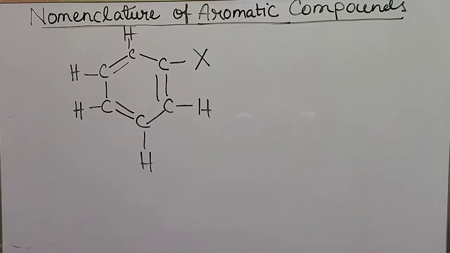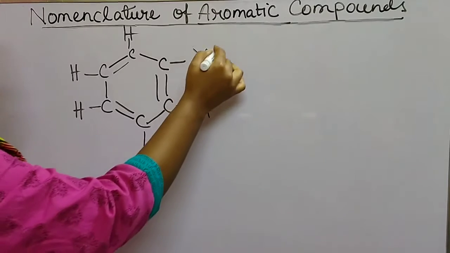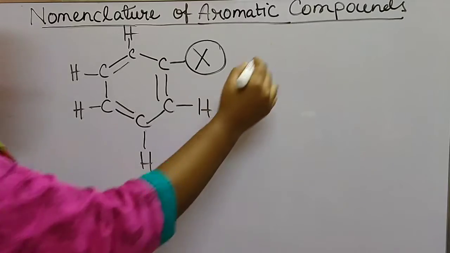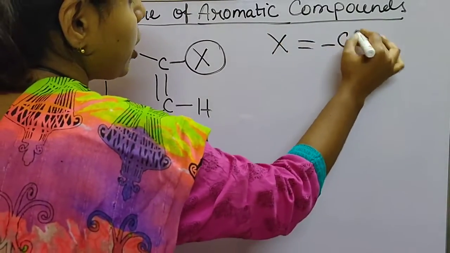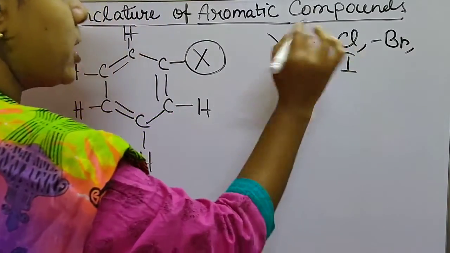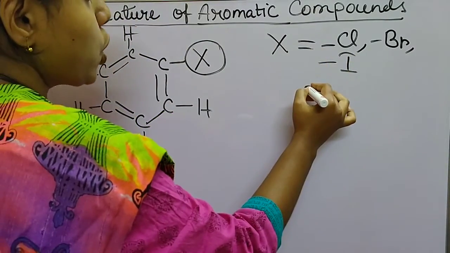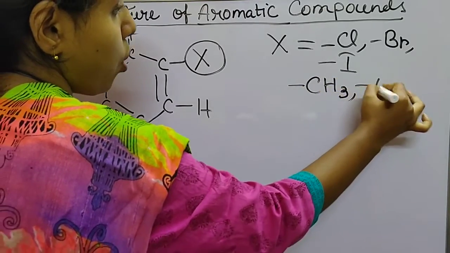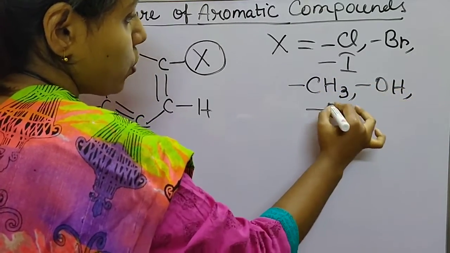It is called monosubstituted when any other atom or group of atoms is attached. X could be one atom like chlorine, bromine, iodine, or a group of atoms like CH3, OH, NO2.